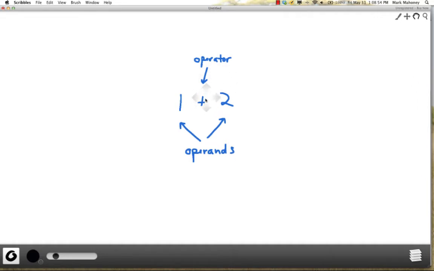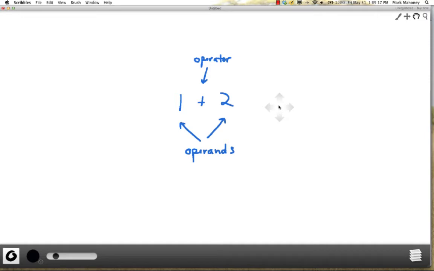Every binary operator, of which plus is one, has two operands. These are the things on either side of the operator, the things the operator is going to apply to. So when we say 1 plus 2, we're saying sum up the values of the operands.